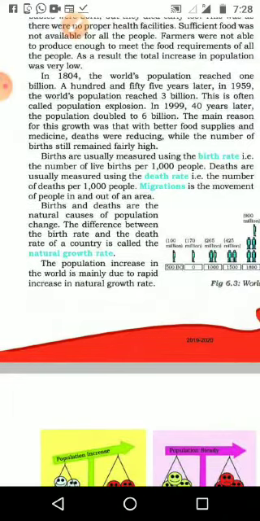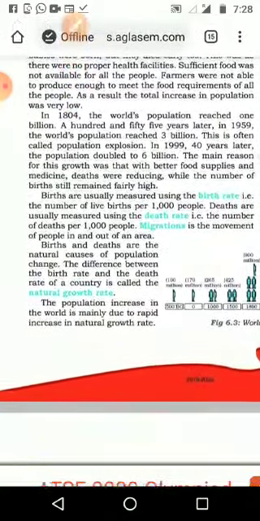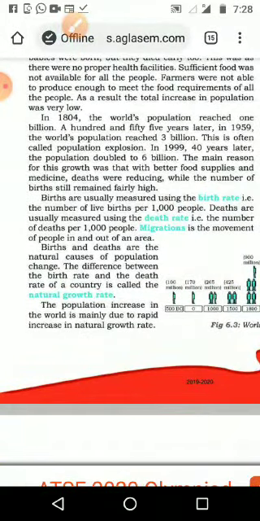And in 1999, 40 years later, the population doubled to 6 billion. The main reason for this growth was that with better food supplies and medicine, deaths were reducing while the number of births still remained fairly high. Why did it double in 50 years?